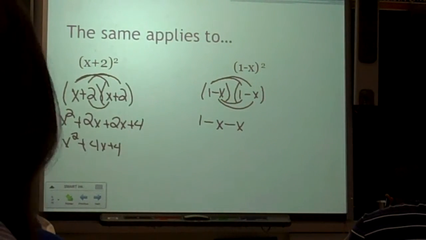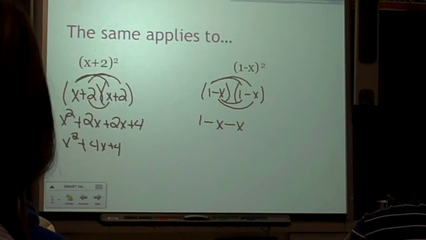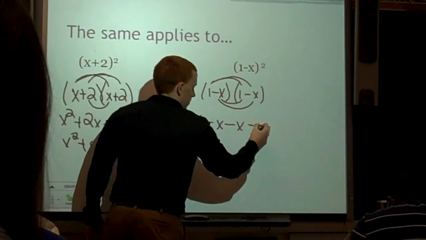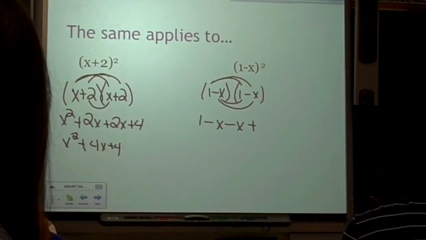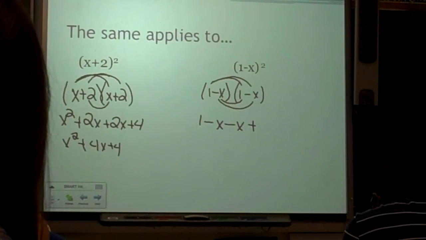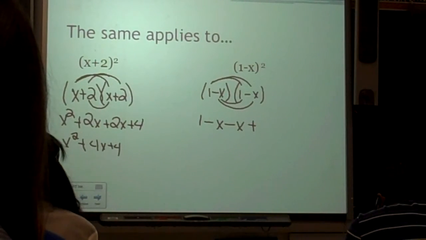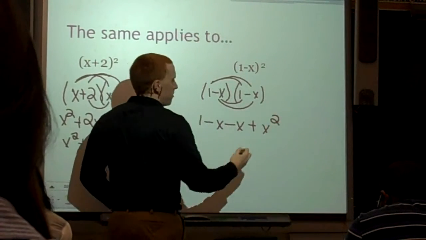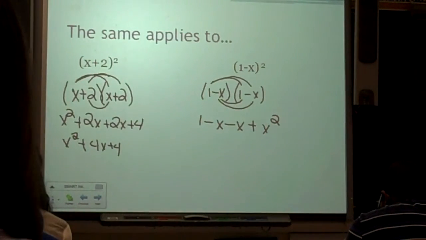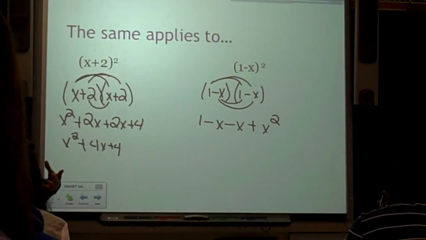Negative x times negative x is positive x squared. Absolutely, because when we're multiplying with the same base, we add the exponents.